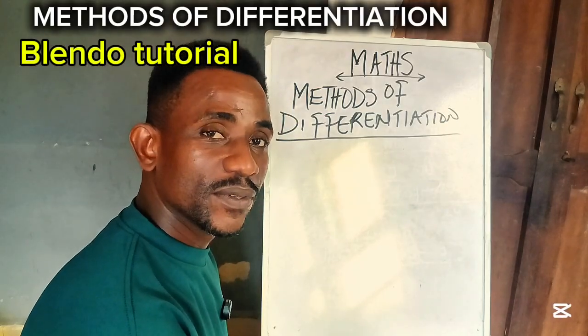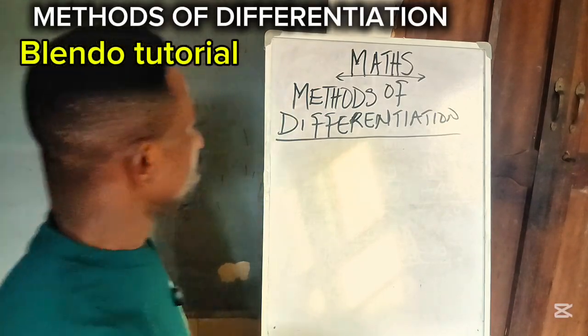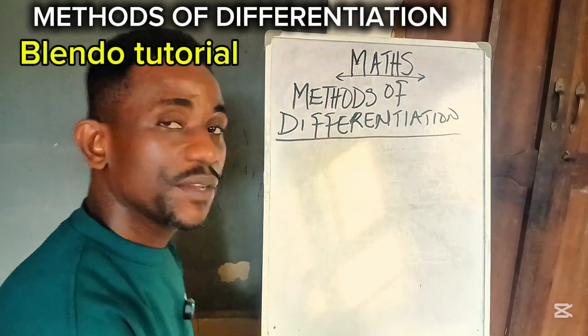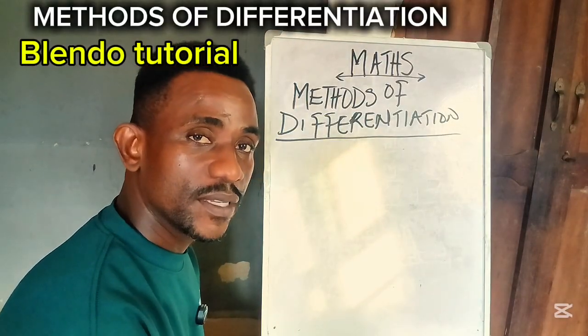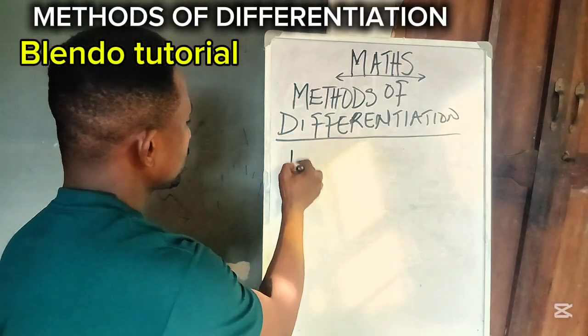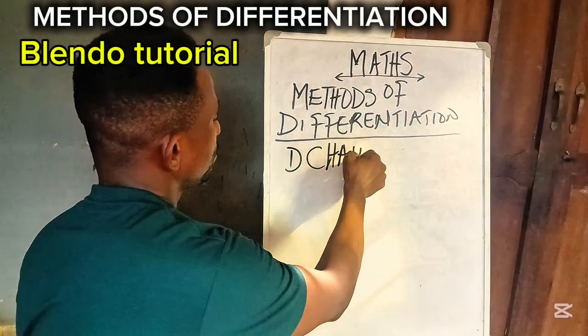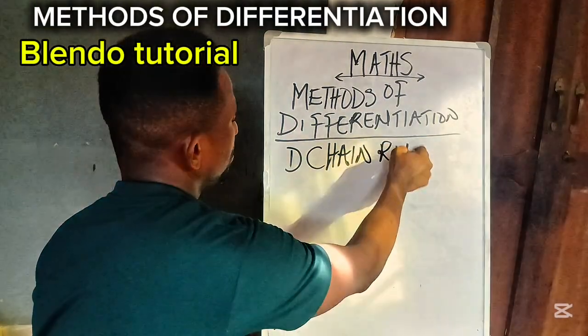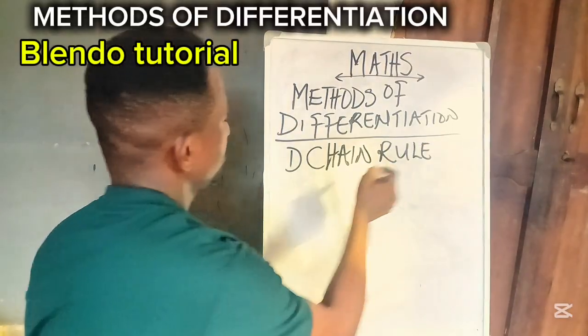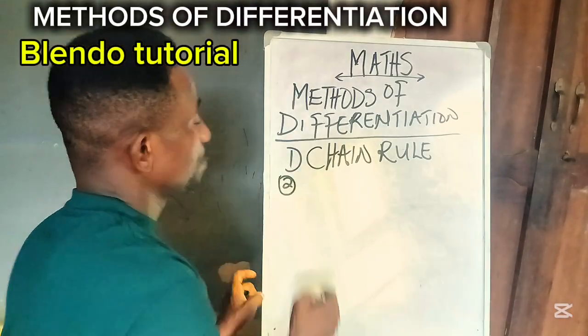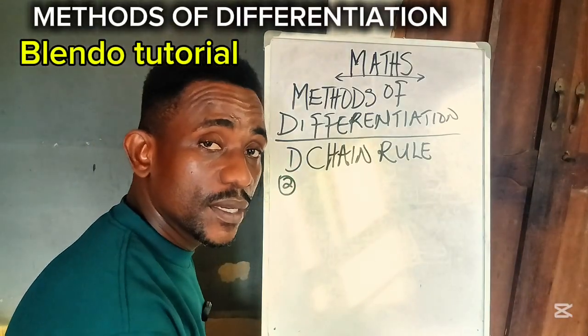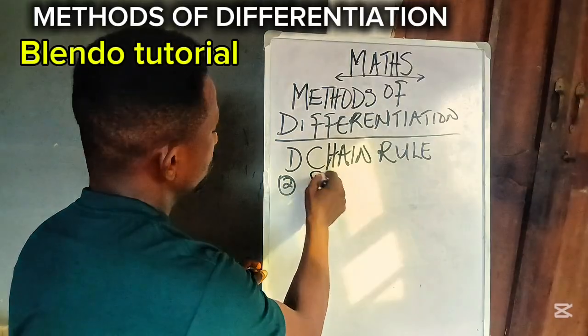Method of differentiation. Now, we have three basic methods of differentiation. The first one is chain rule. The second one is product rule.